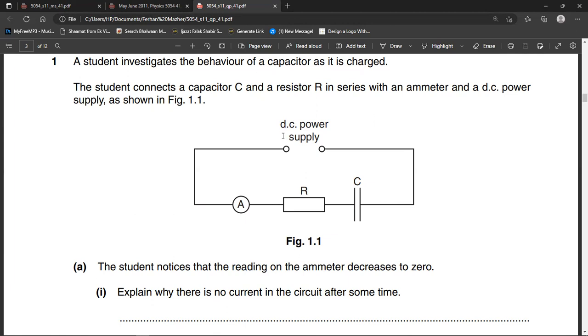Then no more charge will come from the battery and accumulate here. So at that moment, the current flowing in the circuit will stop. So the ammeter will show 0 reading.